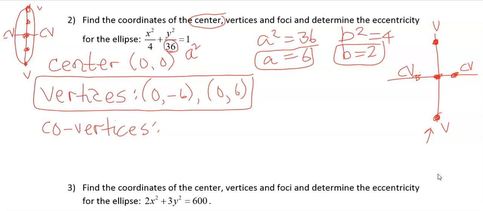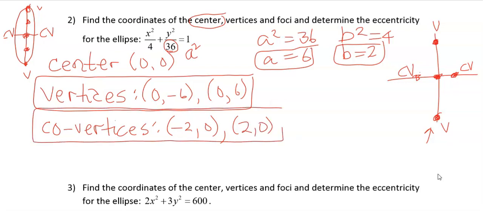So if I go 2 to the left and 2 to the right from 0, 0, I'm pretty sure that's going to be negative 2 and 0, and that's going to be positive 2 and 0. All right, there's my co-vertices. You can see what the shape of your ellipse is kind of going to look like. Something like that right there, you see?